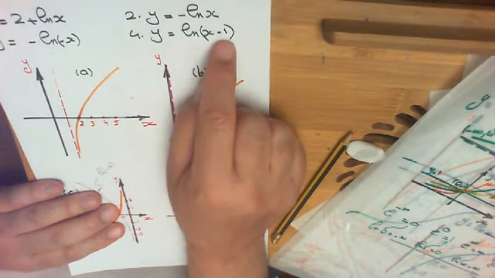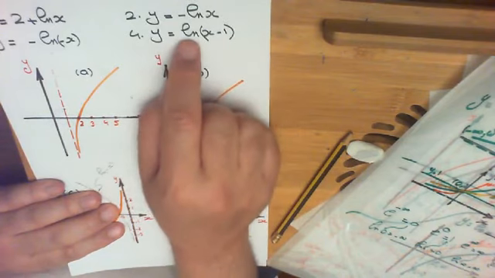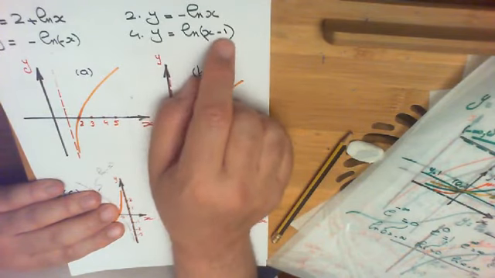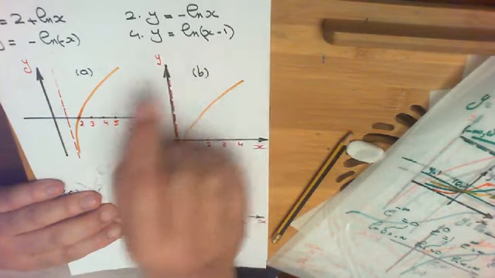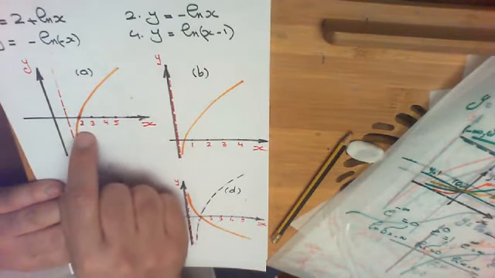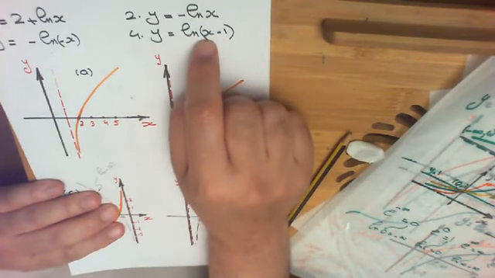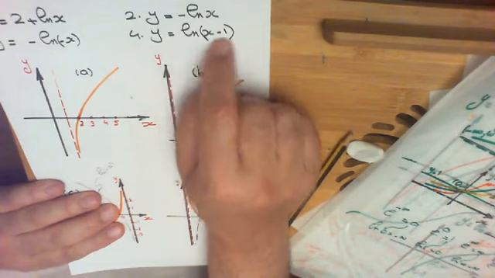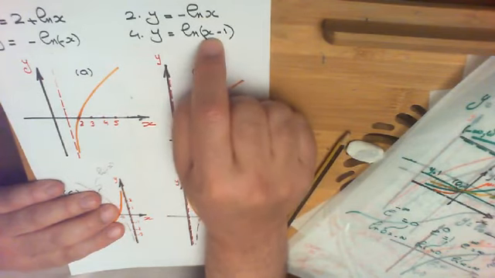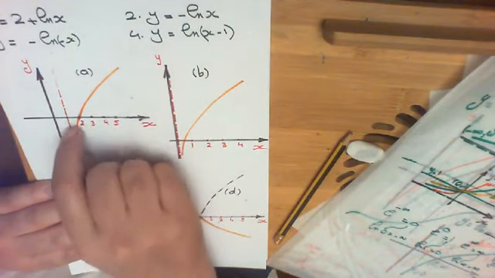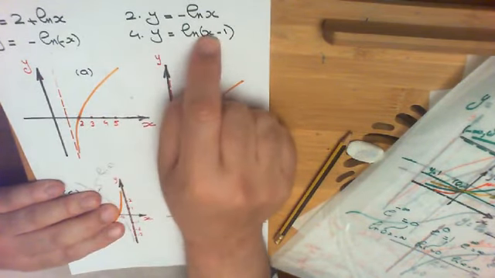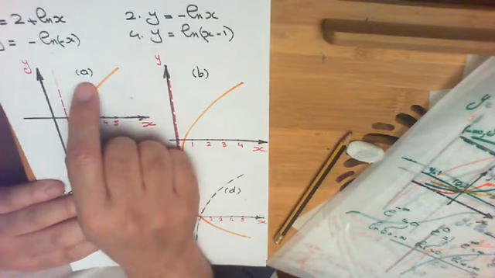X minus 1 is 1 if x is 2. If x is 2, y, which is ln of 2 minus 1, ln 1, will be 0. This one, as you see. And the vertical asymptote appears when the argument is 0. The argument is 0 when x is 1. This one. So 4 matches A.